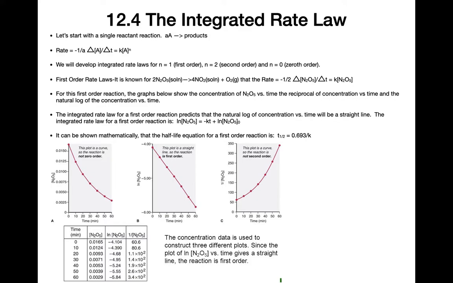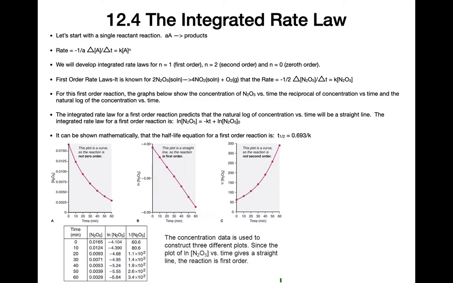So looking at the graph that's linear, the middle graph, the natural log of N2O5 is y and time is x. A linear graph is going to mean that y equals mx plus b. So if we substitute for y with natural log of N2O5, we substitute for b with the natural log of N2O5 at the beginning. So in other words, the natural log of the original N2O5.